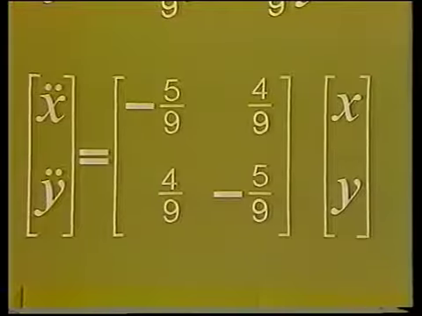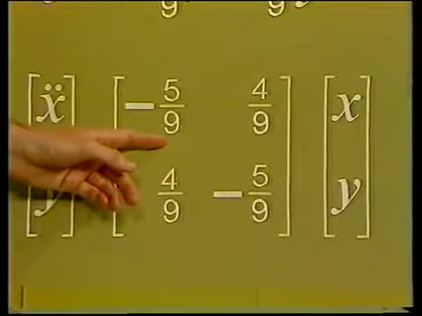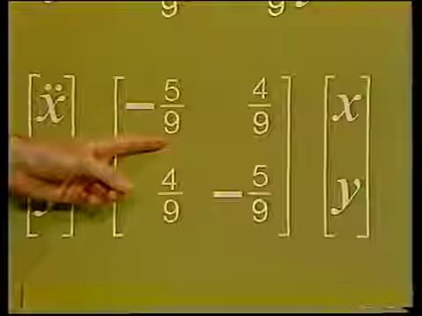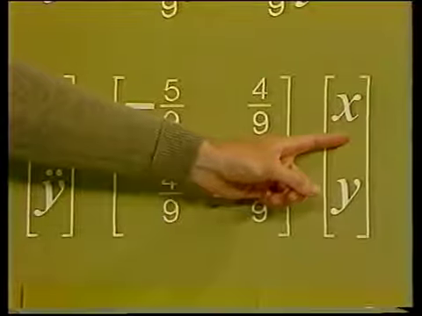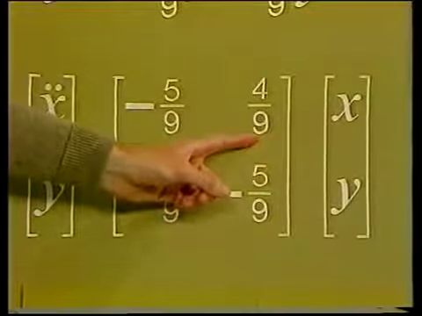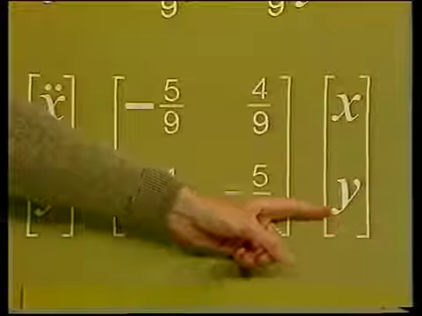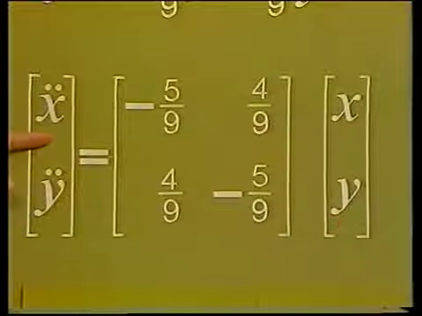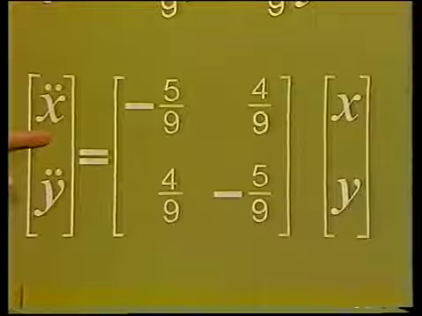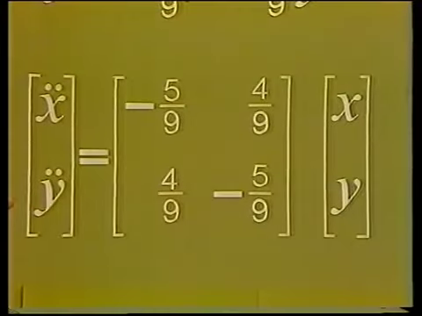Let's just check that this is right by multiplying the matrix out. If I do that, I get minus 5/9 x plus 4/9 y is equal to x double dot. That's just my first equation. And the second equation comes from the second line when I multiply out the matrix.